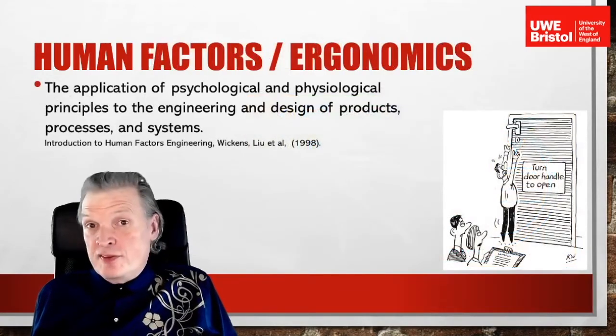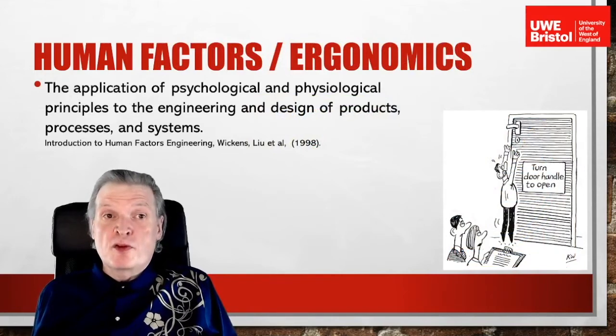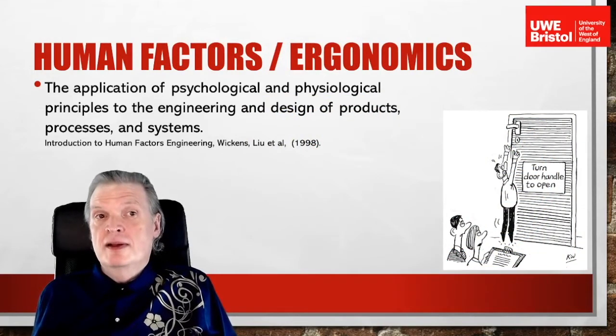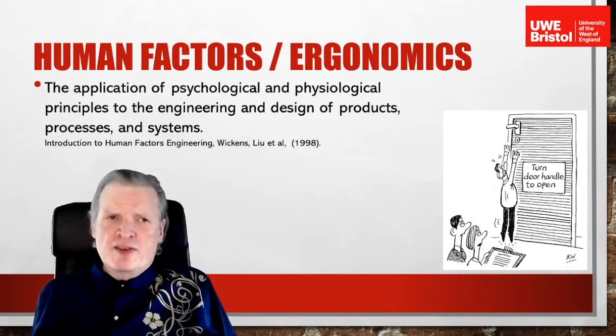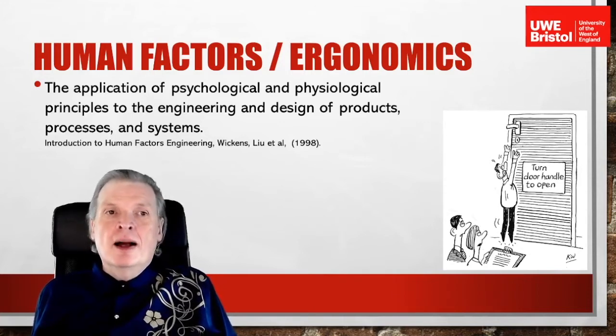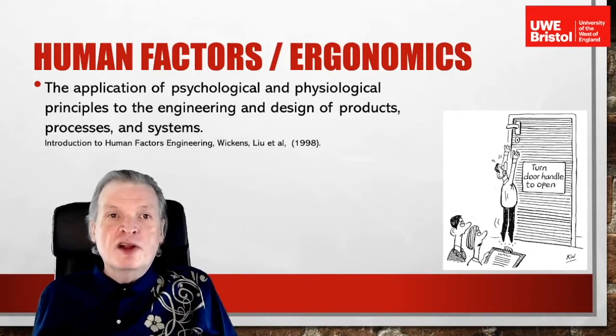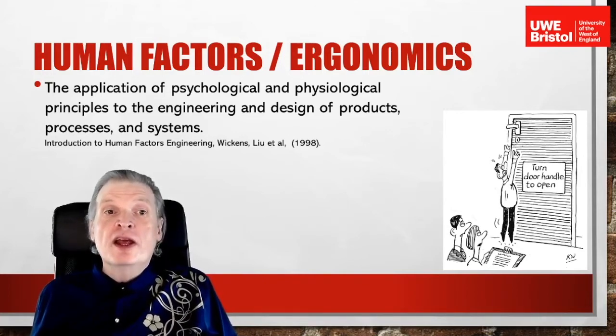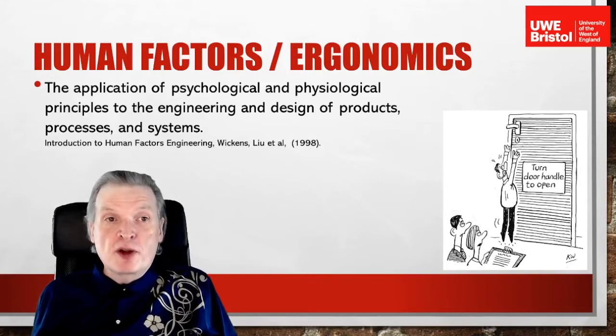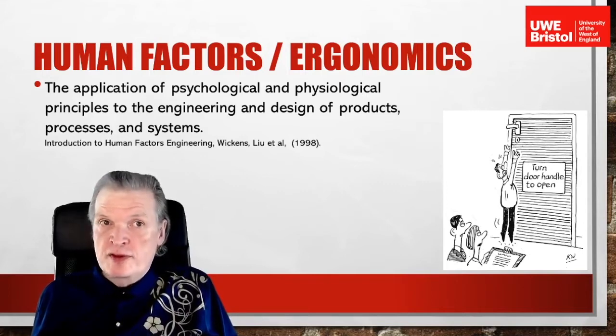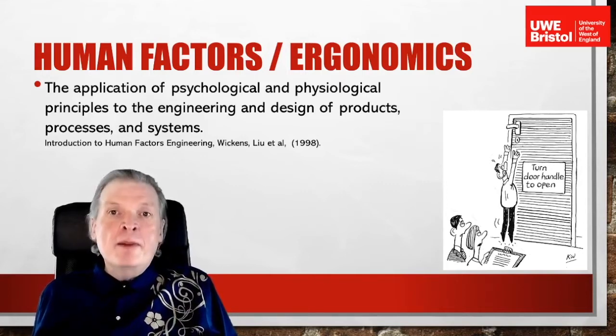Now, this in turn stems from what is called human factors. And human factors has been around for a while. The textbook definition of human factors is the application of psychological and physiological principles to the engineering and design of products, processes and systems. When it's really about physical design, it's often called ergonomics.